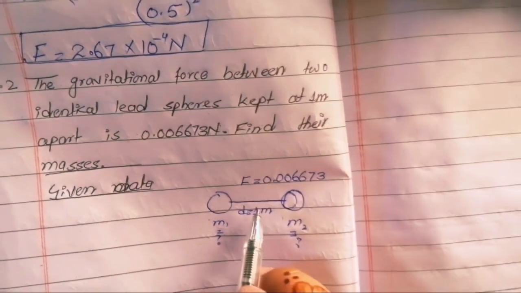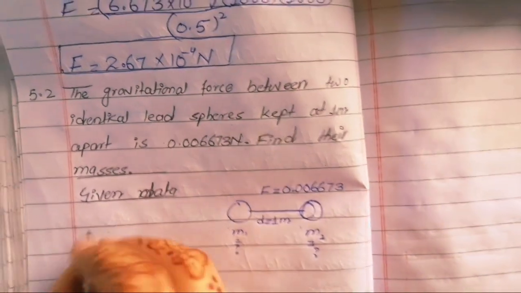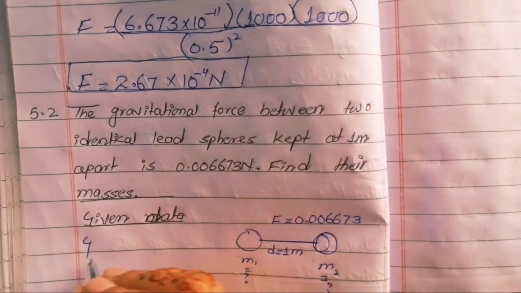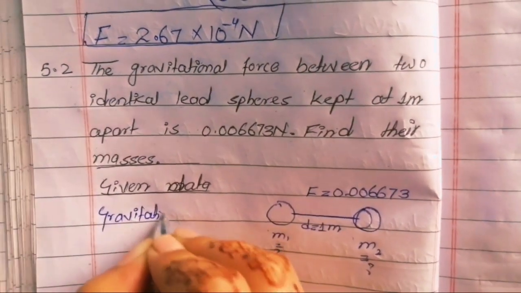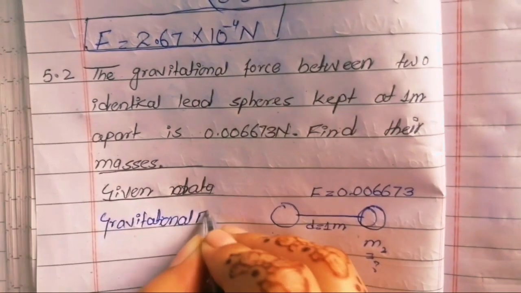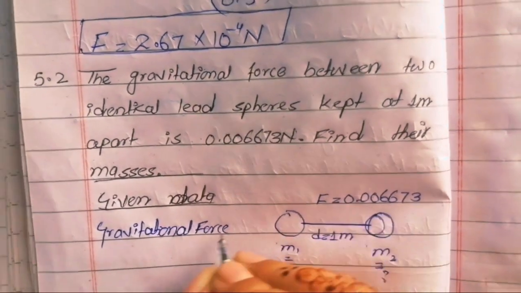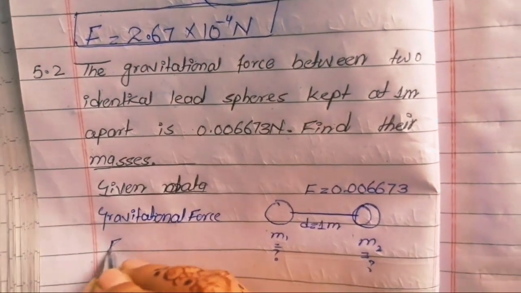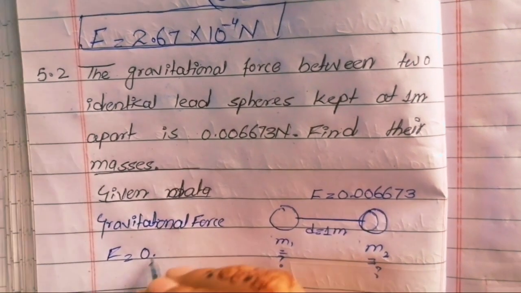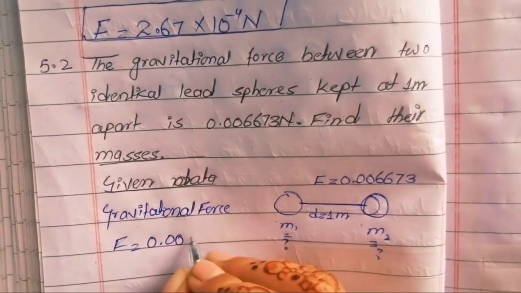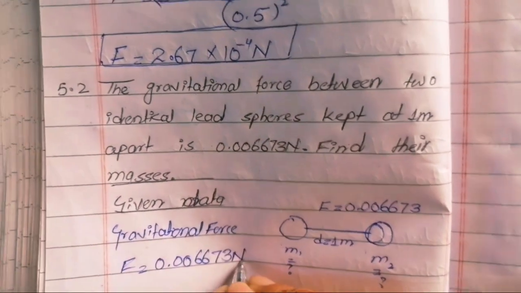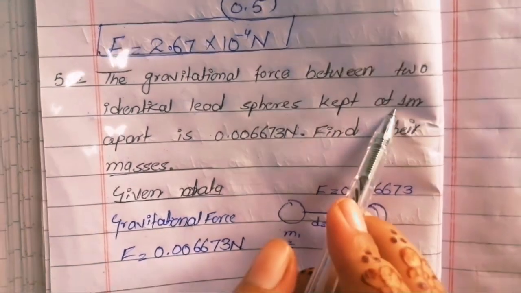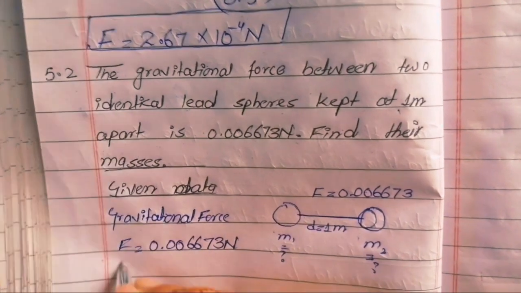So first of all, we will write the given data. Gravitational force F is equal to 0.00673 Newton, and the distance between the spheres is 1 meter.